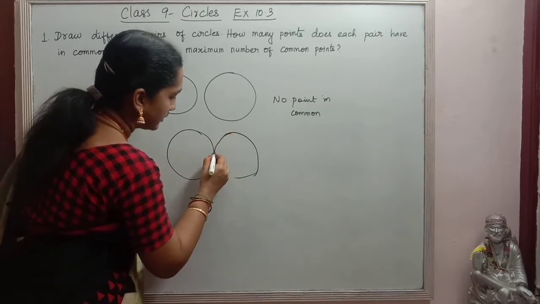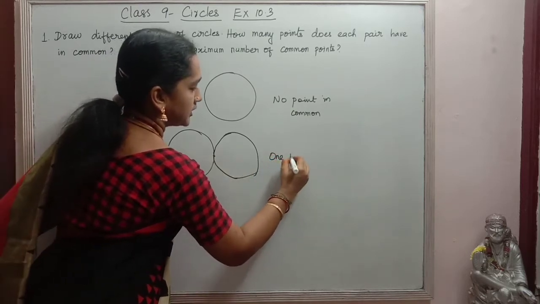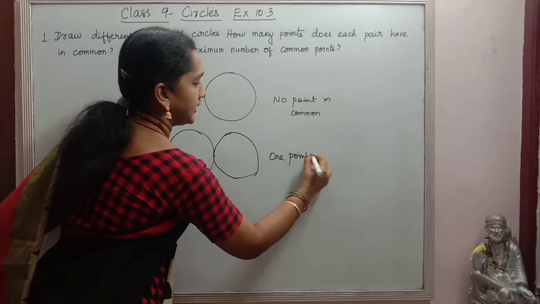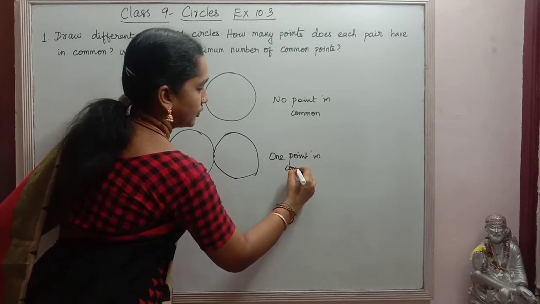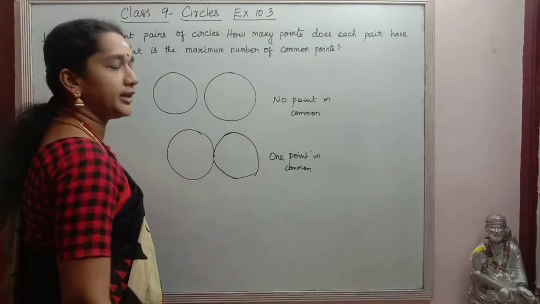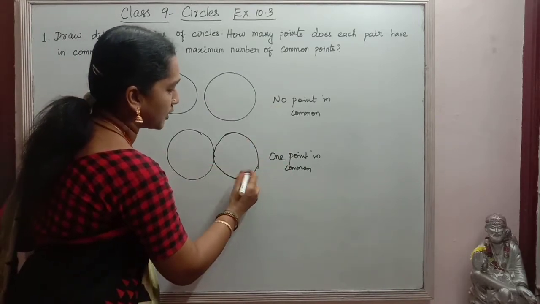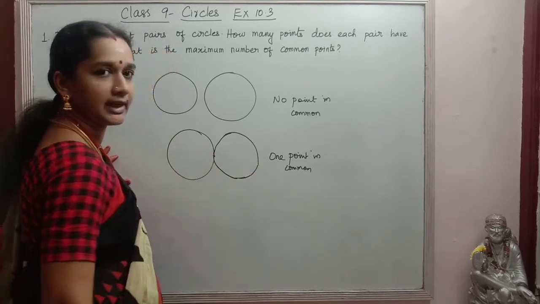This is 1 point in common. So first, when we are drawing separately, there is no point in common. When we draw a circle like this, we will get only 1 point in common.